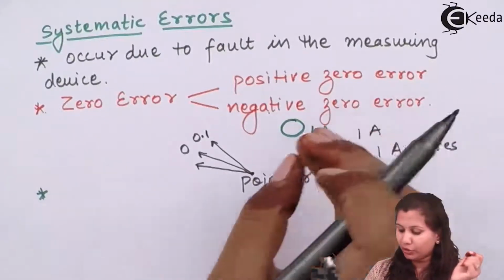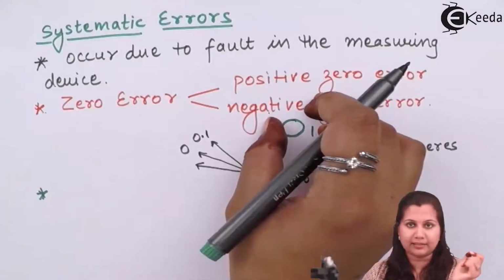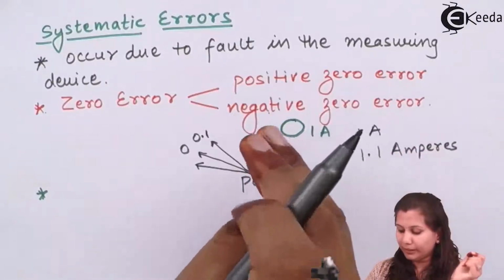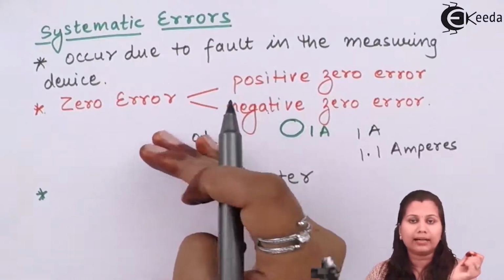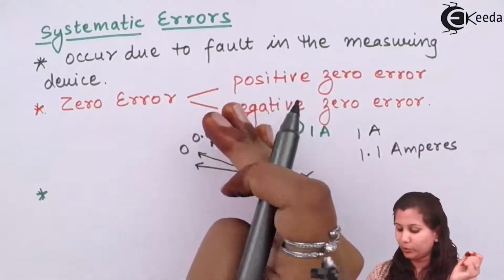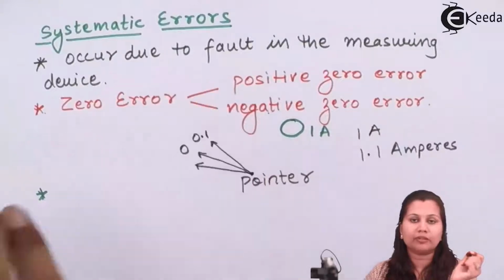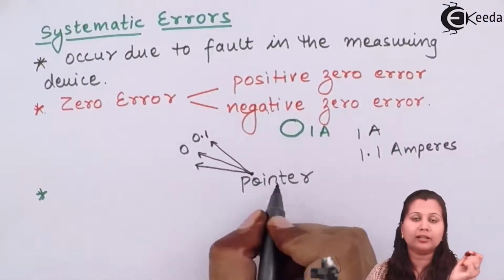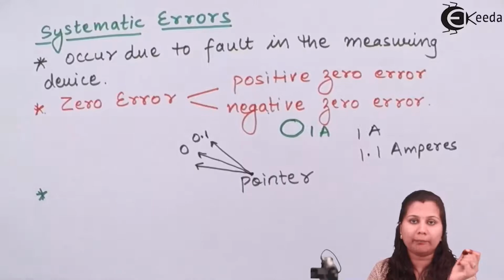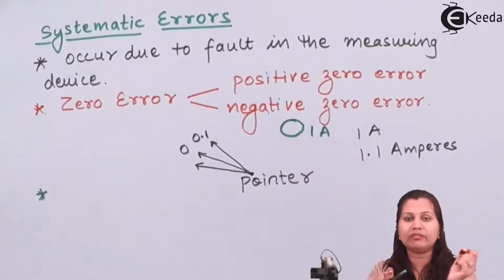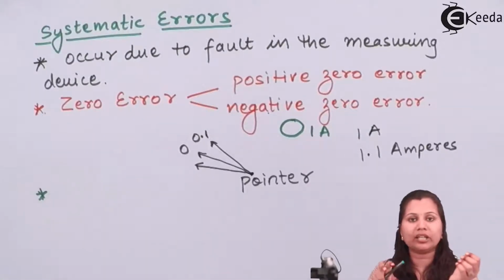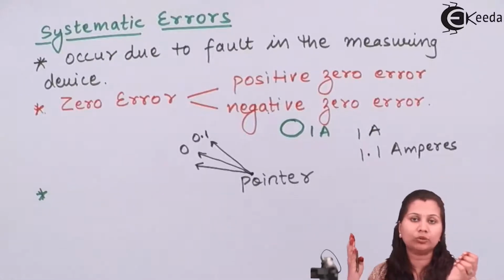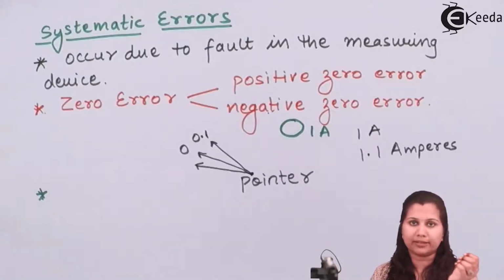So we connect this ammeter in that circuit, and we make sure that the instrument comes to the 1 ampere position. When it is at 1 ampere, we can tighten the screw on the ammeter so that the pointer will be exactly at 1 ampere. It means that we have done the calibration of the instrument, and then we can use that ammeter to measure the current of other circuits also.